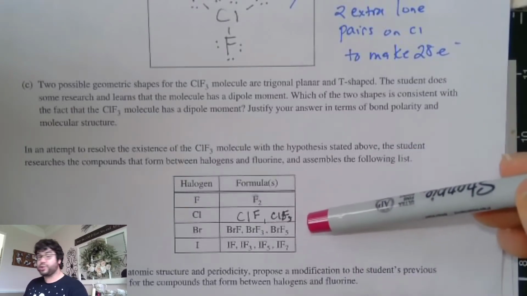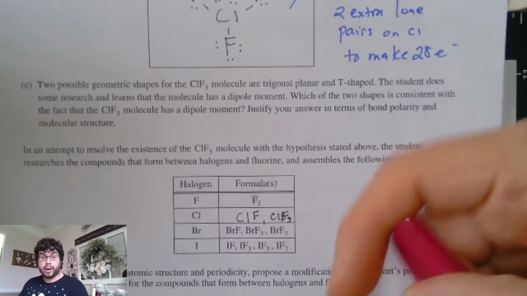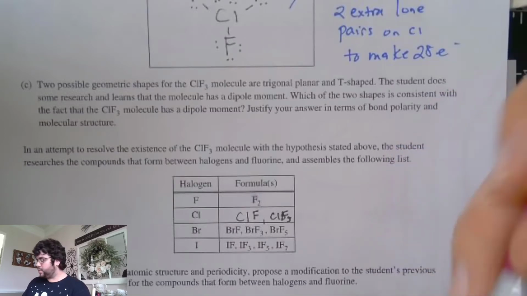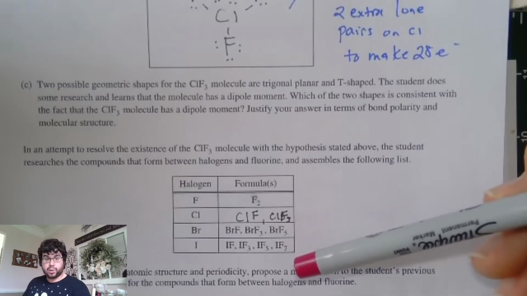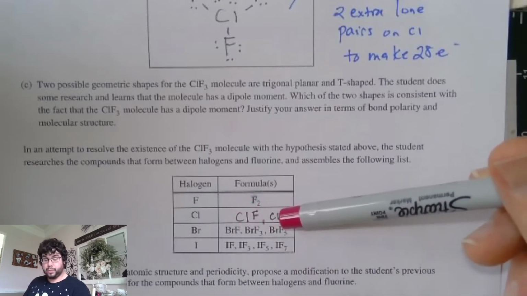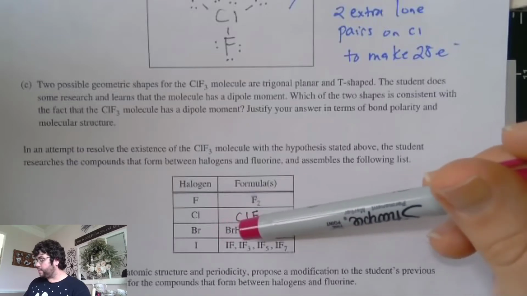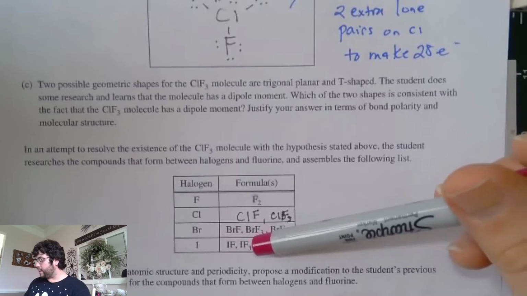Basically, the student wants to know what's the logic behind what we figured out here. So the student has figured out that we've got ClF and ClF3. They've also figured out that you have BrF, BrF3, BrF5, and then IF, IF3, IF5, and IF7.